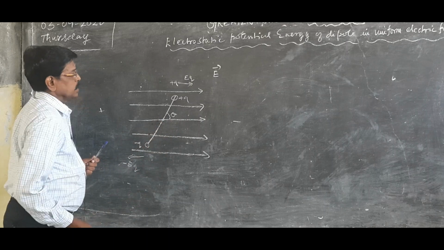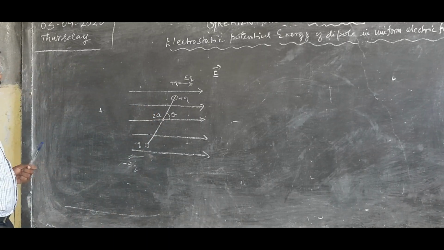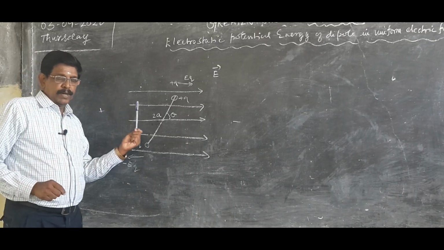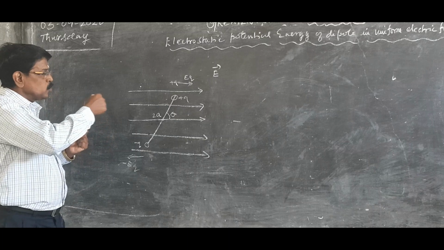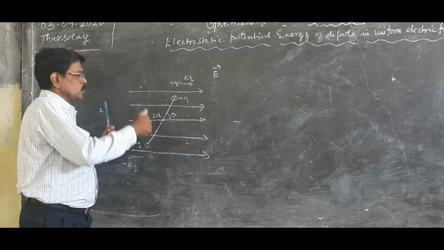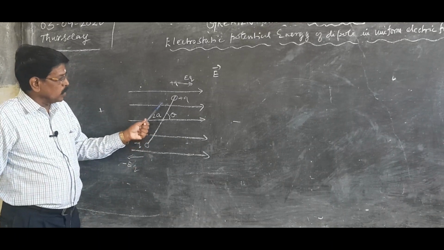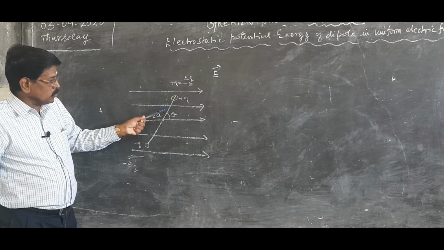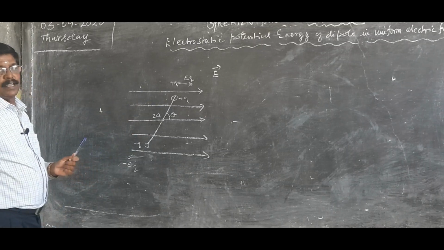The dipole distance is say 2a. So I repeat, in the uniform electric field, the dipole is placed. Then on the edges, two equal and opposite forces are acting. Due to these two forces, a torque acts, and this dipole wants to align parallel to the electric field.